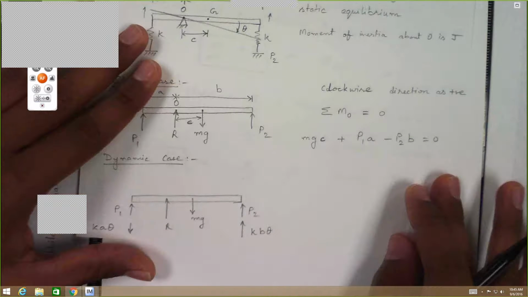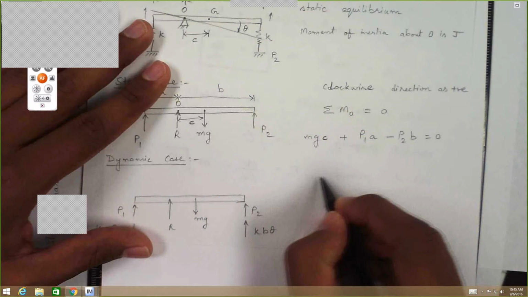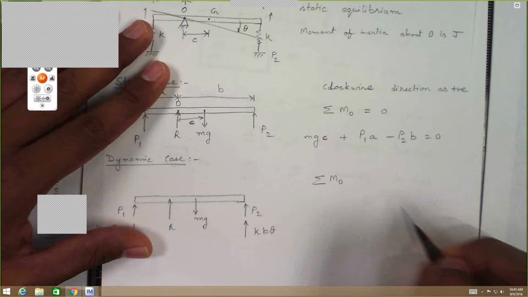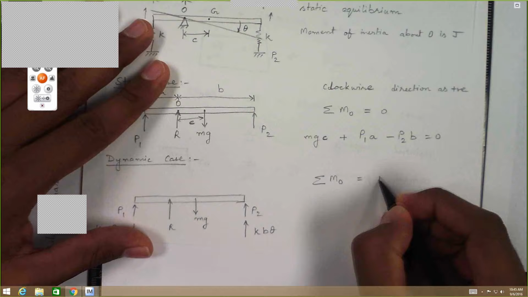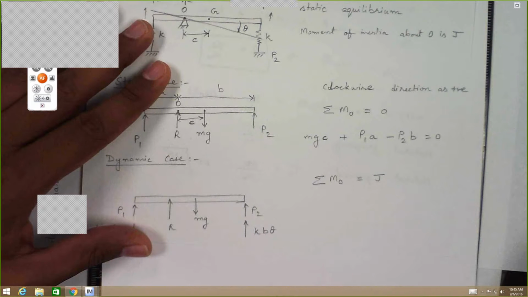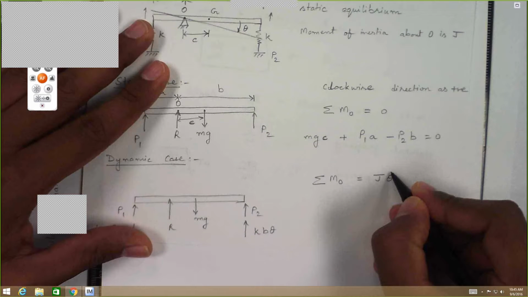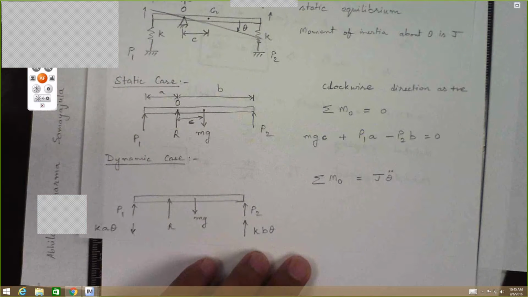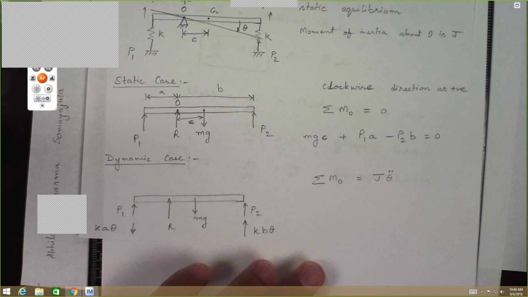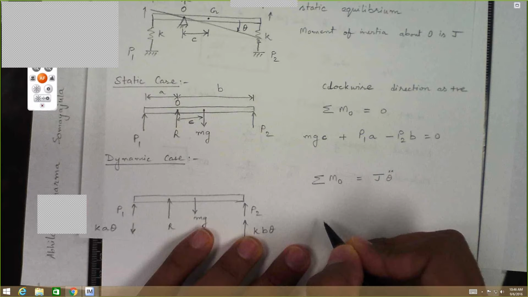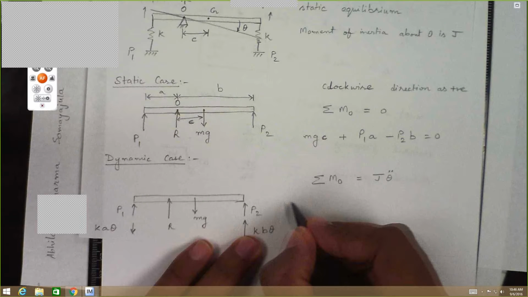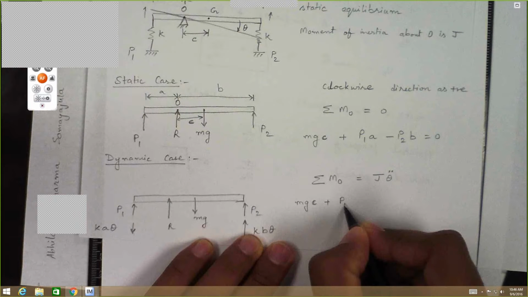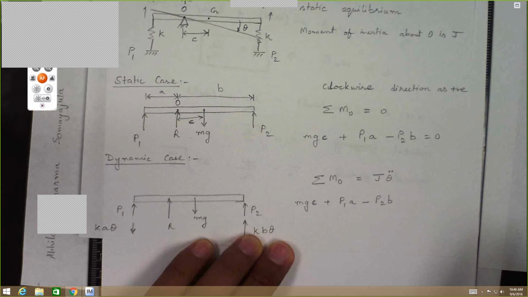Okay. So now let's consider the dynamic equilibrium. That is nothing but the sum of the moments about the point O equals the moment of inertia times the angular acceleration. So it's a counterpart of Newton's second law for translational systems. In a rotational system, that's how it's going to go. Again, considering clockwise direction as positive, just as before, we have mgc plus p1 times a minus p2 times b.